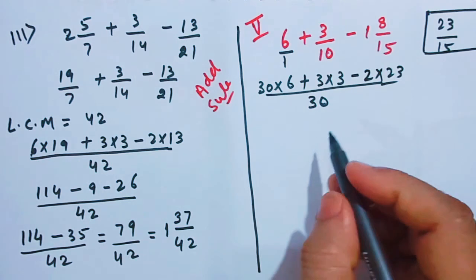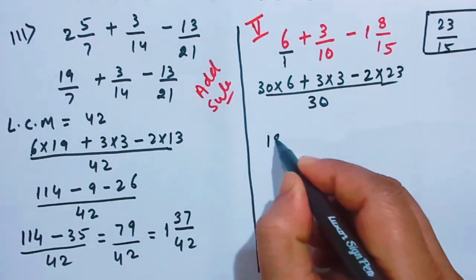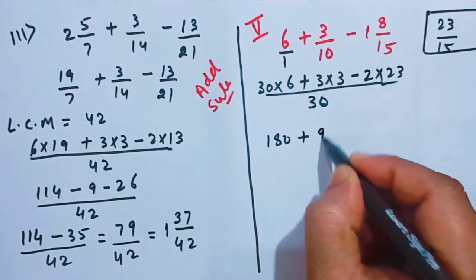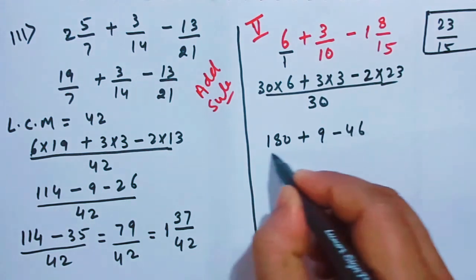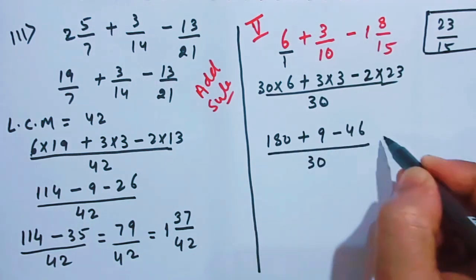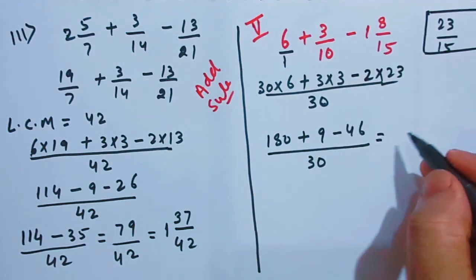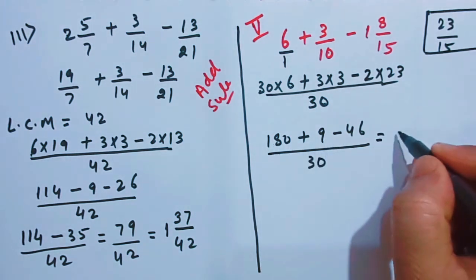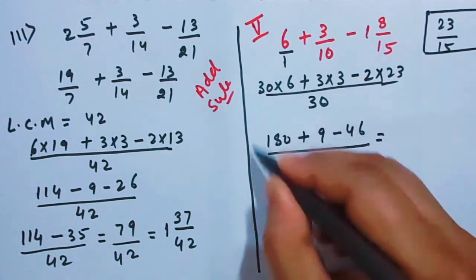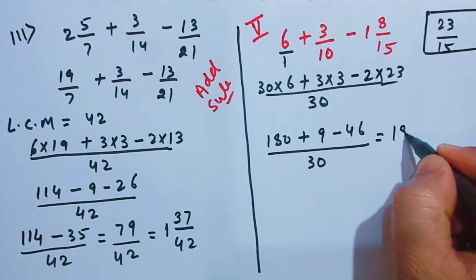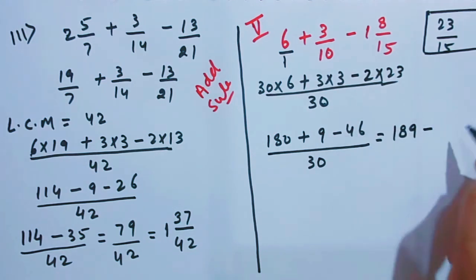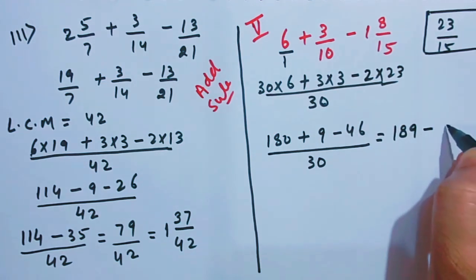So have a look here. 30 into 6, 180 plus 9 minus 46 by 30. So 180 plus 9, as I had told you, all the positive signs you add, and all the negative signs you add in one step.